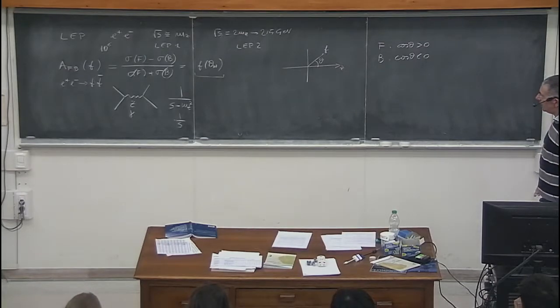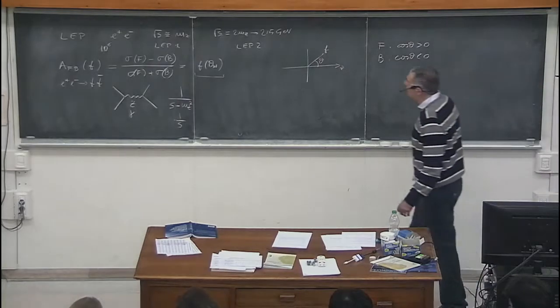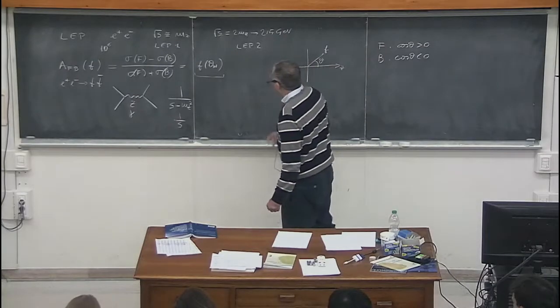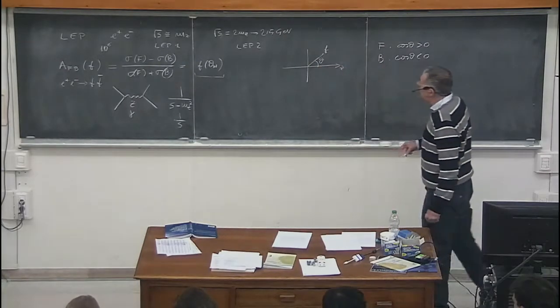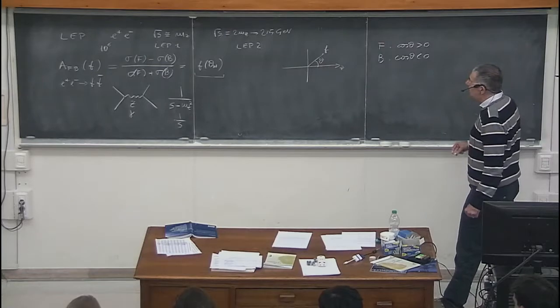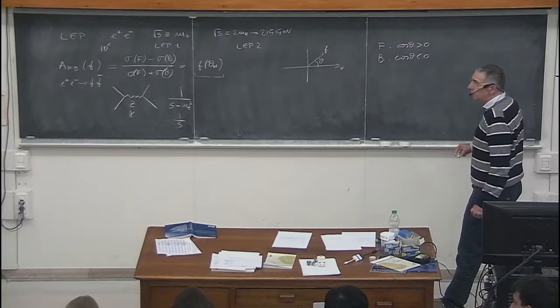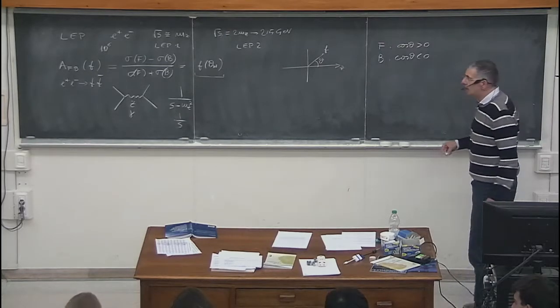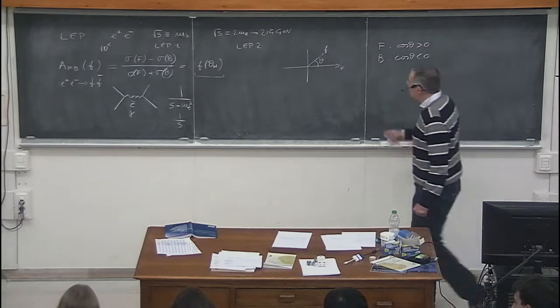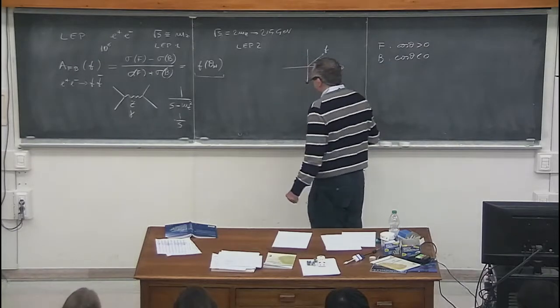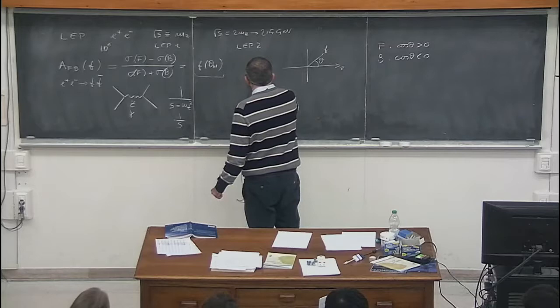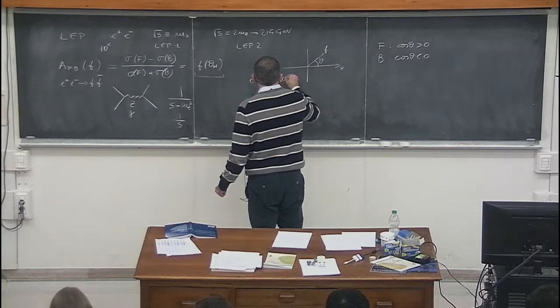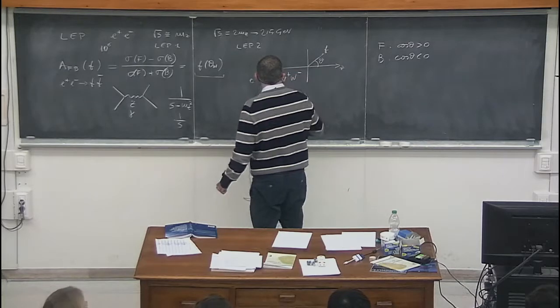The second phase of LEP is also very important from our point of view, from the point of view of tests of the standard model, because at these large energies you can produce pairs of W bosons. The energy of the second phase of LEP is above the threshold of production of pairs of W bosons.